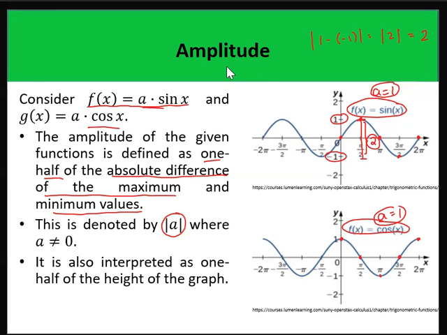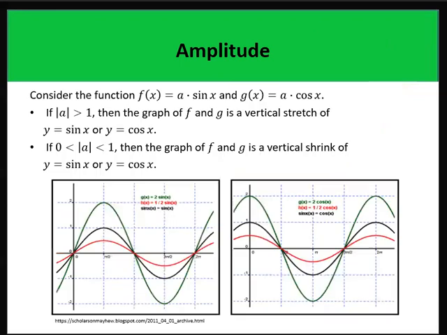Now, the amplitude can also be interpreted as a vertical stretch or vertical shrinking of the graph of the basic functions. So if we have the same functions, f of x equals a times sine x and g of x is equal to a times cosine of x.